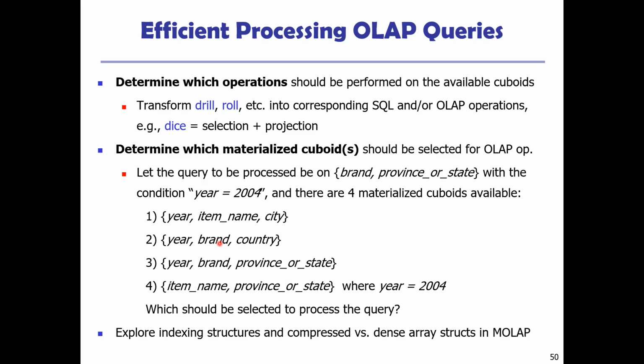And if we need the precise data, it's better to be as specific as possible. So in the case here, if we have brand, province or state, and we want the data of 2004 only, then we'll be looking at this option, which allows me specified year data, compared to, for example, this option here. It specifies all years, item names, and cities.